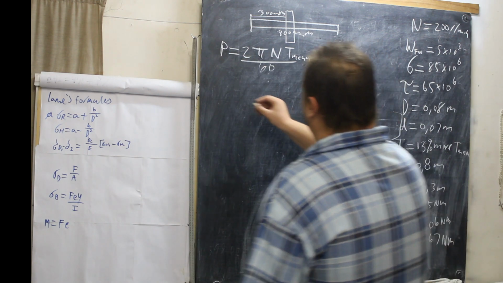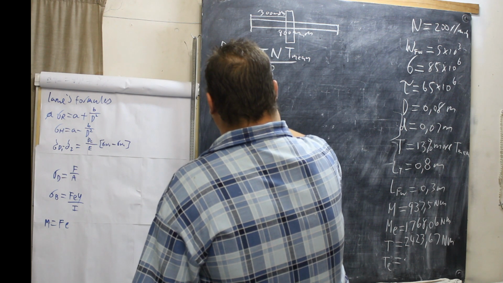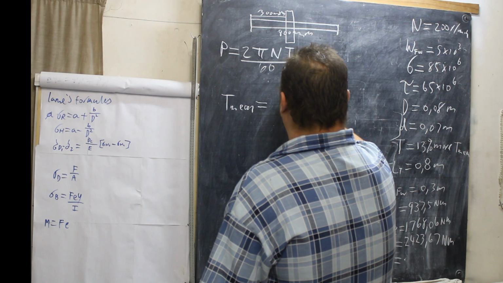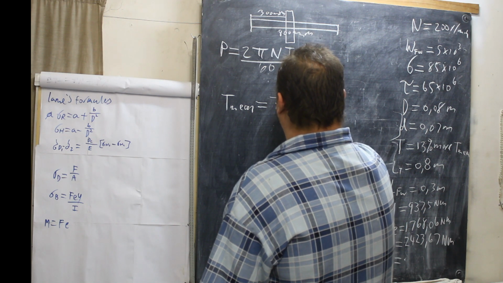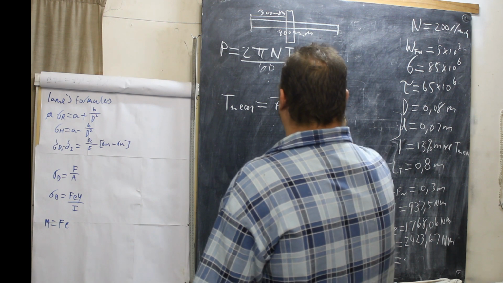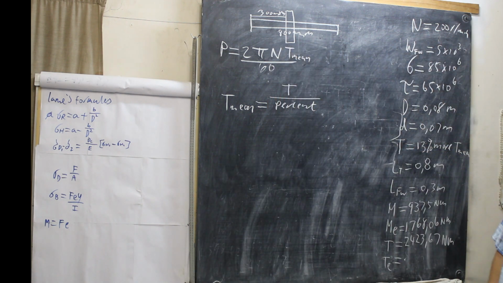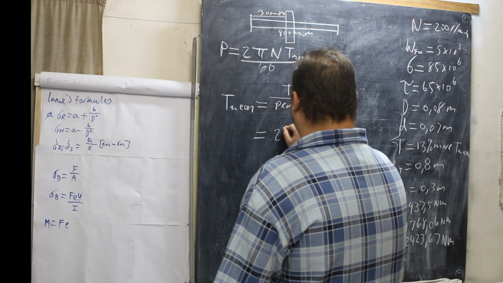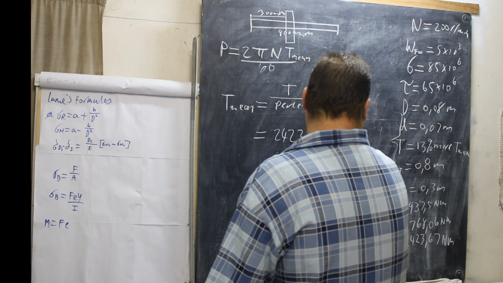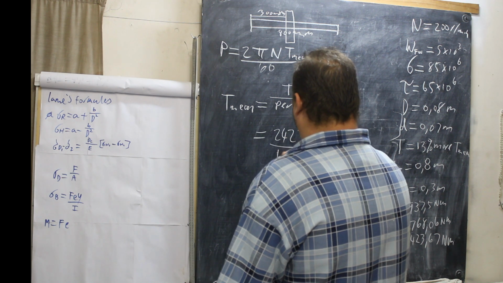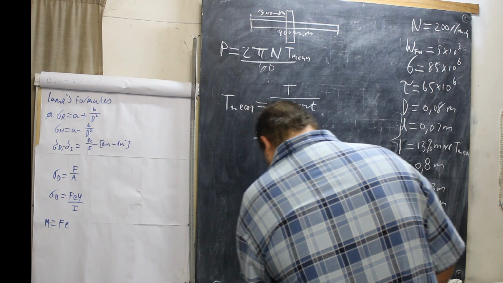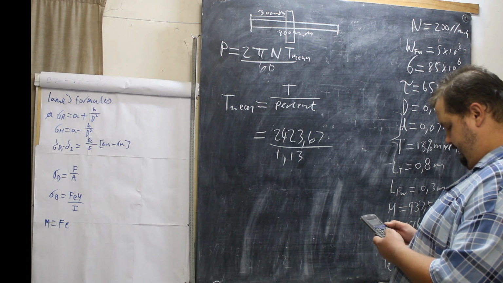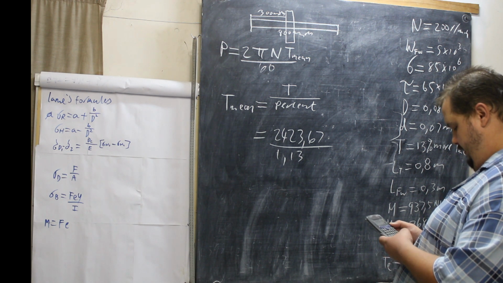Okay, so we want t mean, which is equal to t over the percent. So we have 2423,67 divided by 1,13.